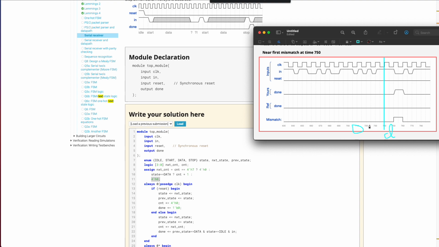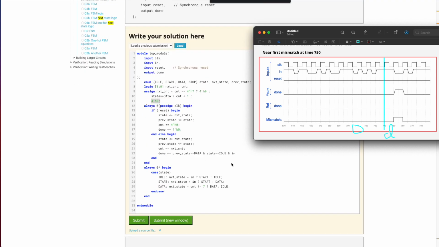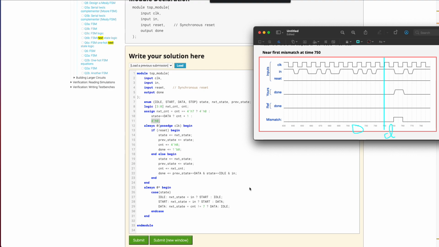So previous state is just, you know, the state a cycle ago, so it's data. And I can go to idle if count is 7 here. So count equals 7, next state is idle, so this must mean this is 7, this is 6, 5, 4, 3, 2, 1, 0.